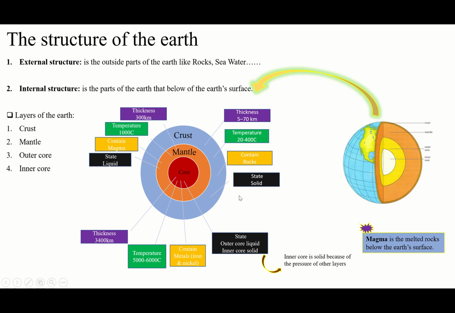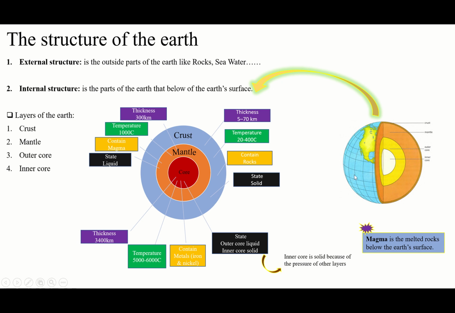And for the state of the core, we have two states: outer core and inner core. The outer core is liquid, but the inner core is solid. We said why the inner core, which has the highest temperature, is at the same time solid. Because of the pressure of the other layers, the crust, mantle, and outer core put pressure on the inner core.